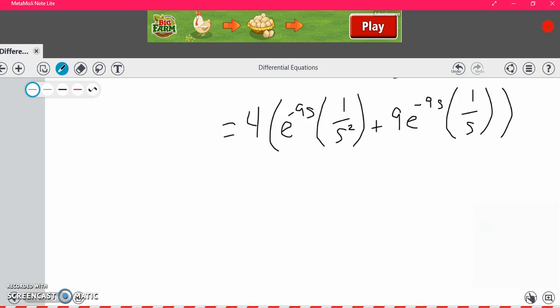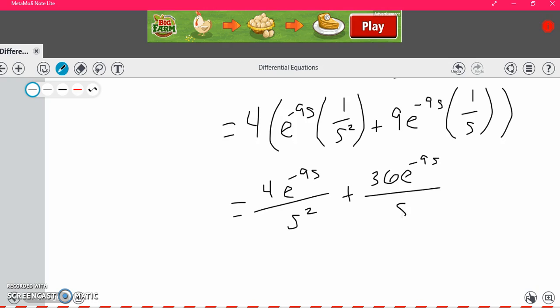If we distribute everything in, we get 4 e to the negative 9s over s squared plus 36 e to the negative 9s over s, and that is our answer.